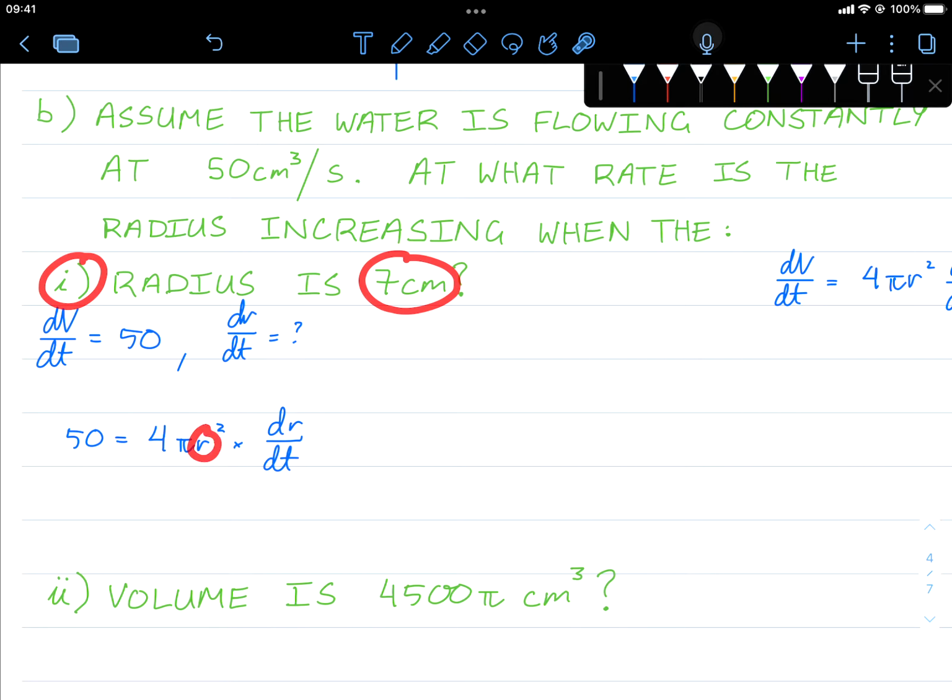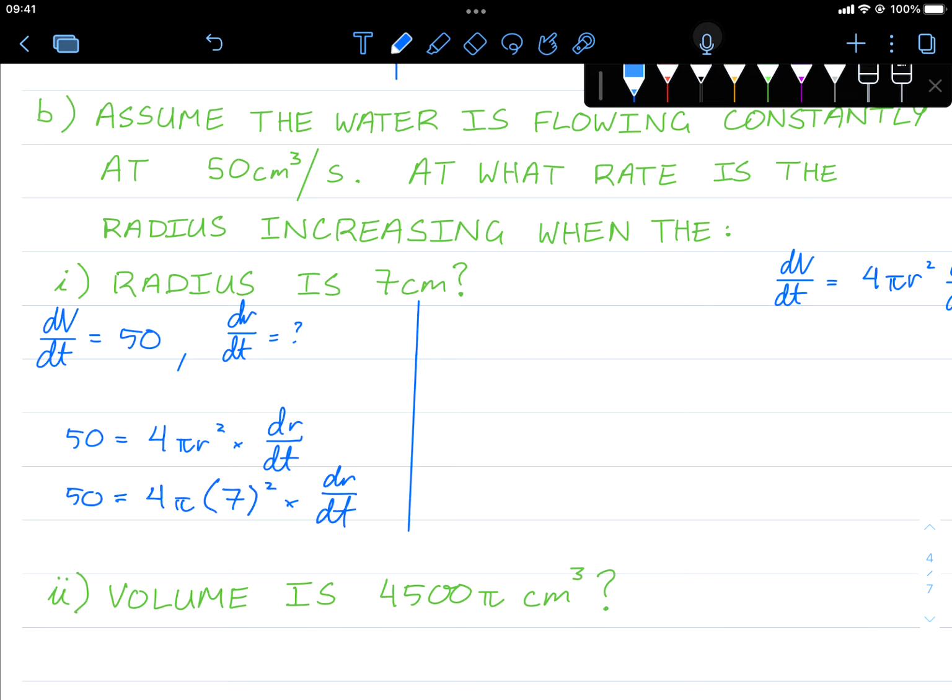So we're going to let r equal 7. So 50 equals 4 pi times 7 squared times dr on dt. This will give us 50 equals 28 pi dr on dt.